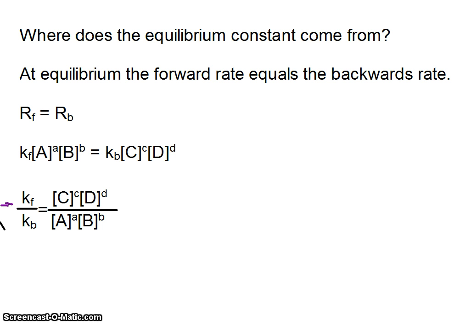The forward rate is given by this rate law, and the backwards reaction is given by that rate law. When those two rates are equal to each other, you can rearrange that and find that the way the concentrations of everything are related is equal to the ratio of the forward rate constant to the backwards rate constant.